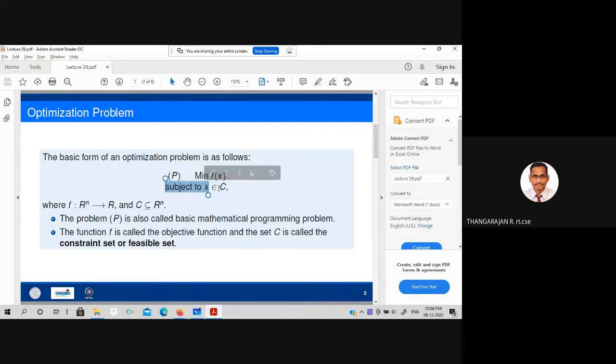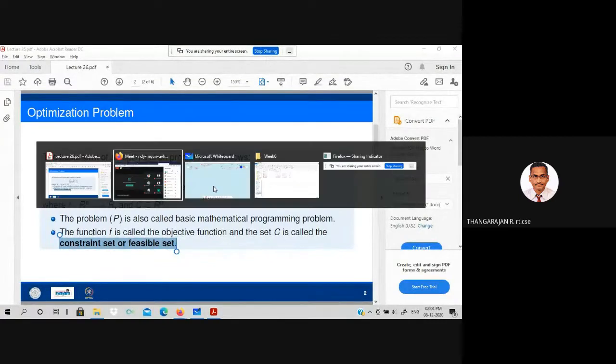So it will be either a minimization problem or a maximization problem. Here C is a set that we call a constraint set or feasible set. I will tell you what that means.